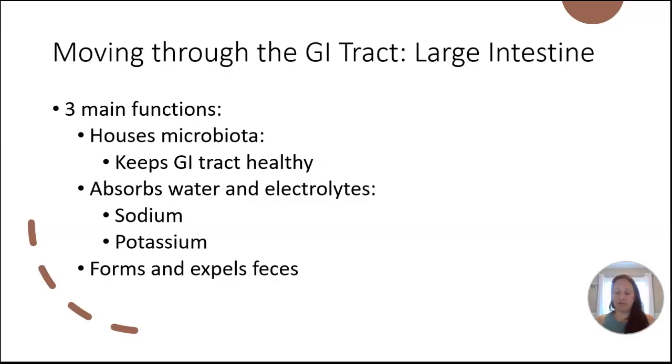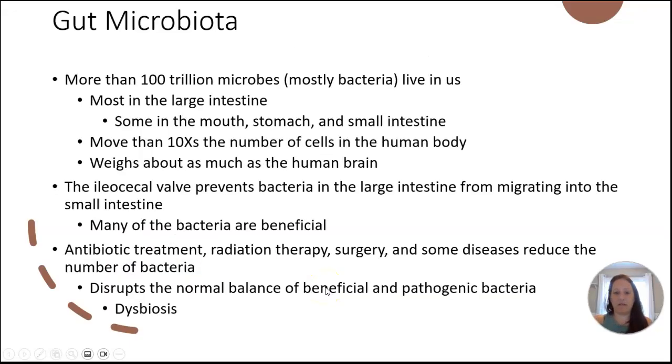It houses a boatload of microorganisms, a lot of bacteria. These bacteria are there to keep you healthy. They are a needed symbiotic relationship. We need them, they need us. We'll talk more about that on the next slide, but lastly, your large intestine forms and expels feces, so you get rid of all that undigested stuff.